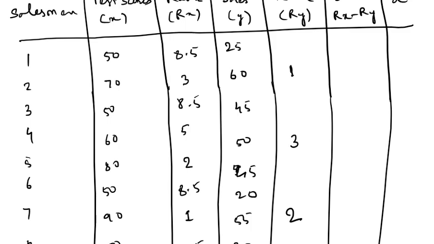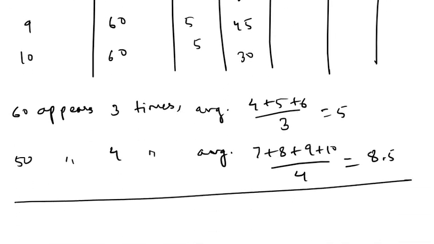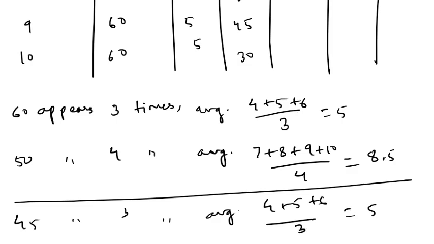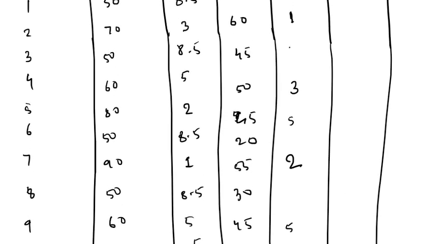Then you have 45. 45 appears 3 times, so the average becomes 4 plus 5 plus 6 divided by 3. So this is 5, and 5, 5 and 5.